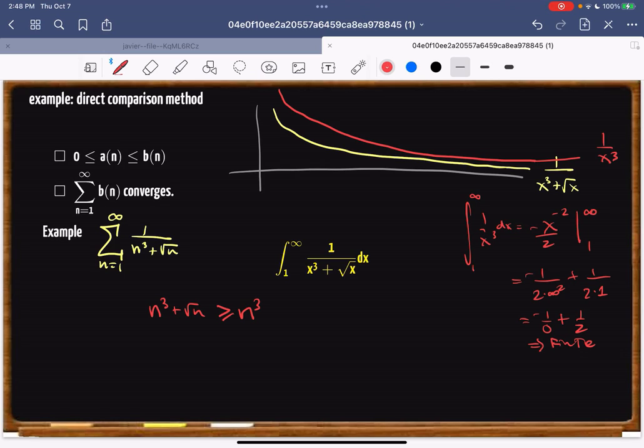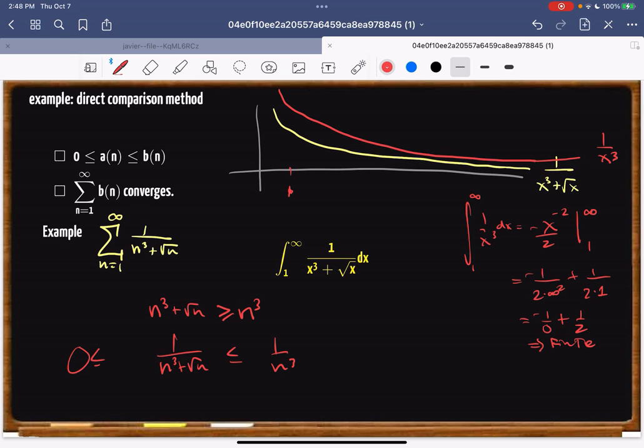That's because you're adding more stuff to it. You're adding square root of n to each one of these terms, so of course it's going to get bigger than just n to the third. Flip that and you get 1 over n to the third plus square root of n is smaller than or equal to 1 over n to the third. And because all these n's are starting with 1 and going all the way to infinity, everything is positive here.